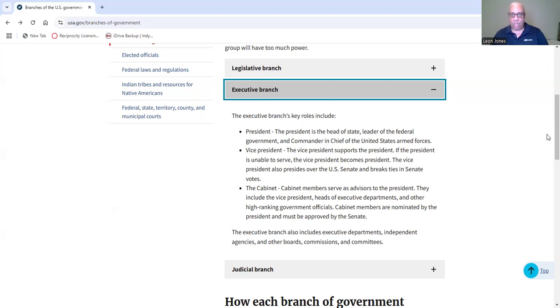Cabinet members are nominated by the president and must be approved by the Senate, with the exception of the vice president. The vice president is the running mate of the president, and then they win the election, just like this 2024 election. J.D. Vance was President Trump's running mate. Now he's the vice president elect.